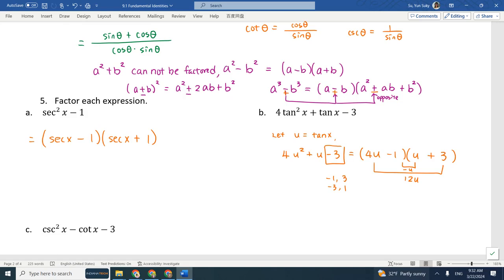Is that the middle term 11u? No. So we should not put the -1 and 3 over there. So let's switch them. Let's put the 3 here, and we put the -1 here. Let's try that. We multiply the outside. What do we get?